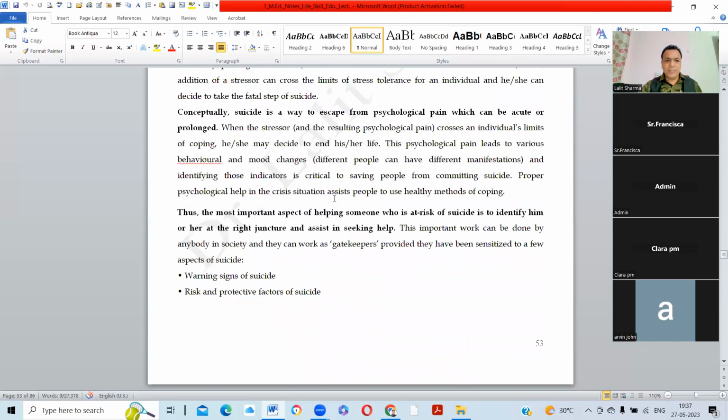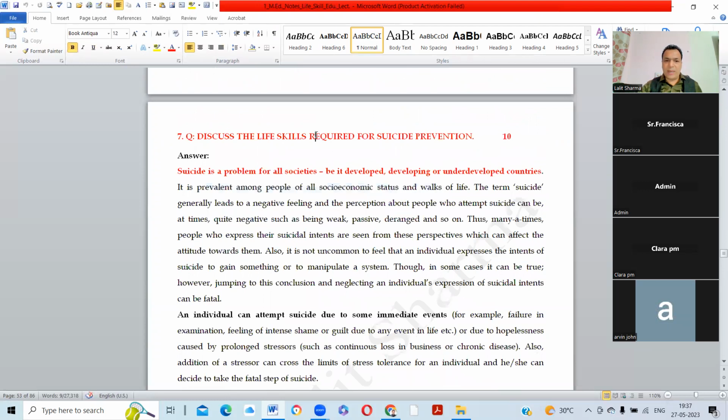So guys, I think you have understood why life skills are required for suicide prevention. When we develop these skills among the students, this problem will definitely be reduced automatically, right? You have seen that 10-15 years back there was so much stress and burden on the student.